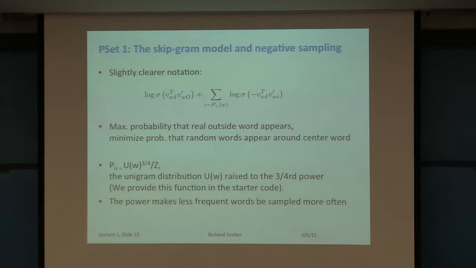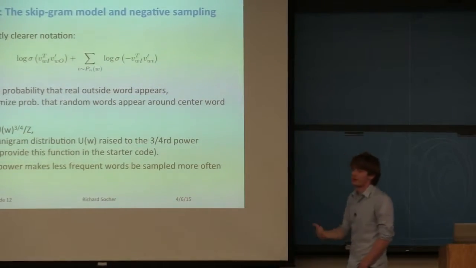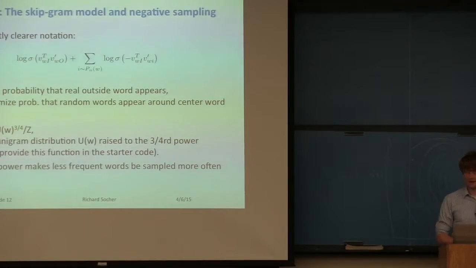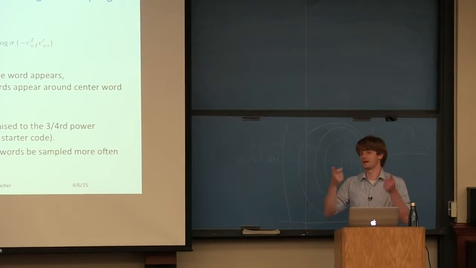It's a good exercise to do at home. And so basically what we're trying to optimize here in the second part is 1 minus the probability that those appear. So we basically discourage the model from predicting that a certain word that is random would appear next to that word.